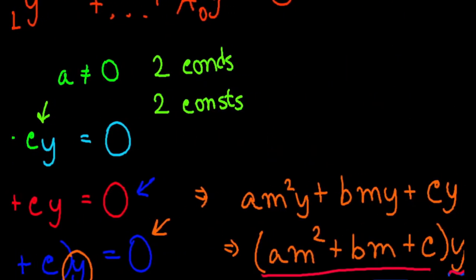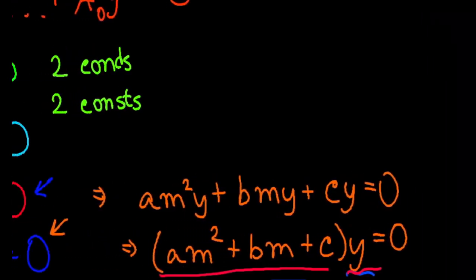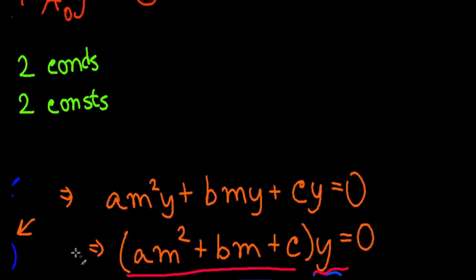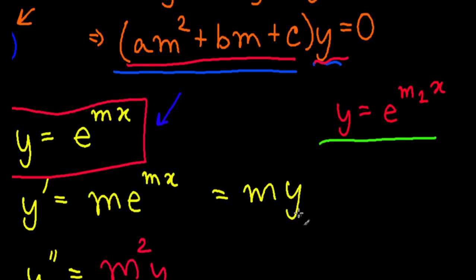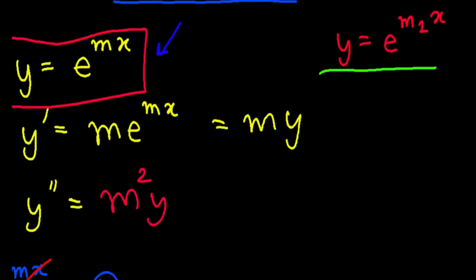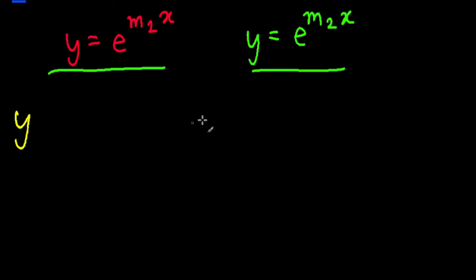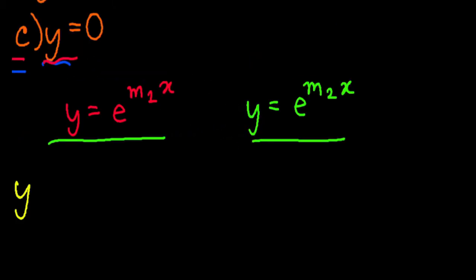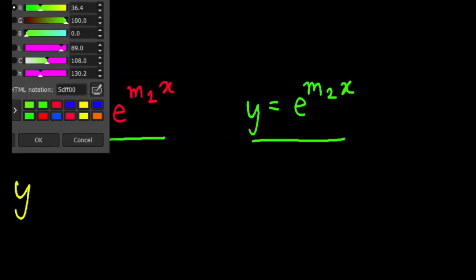So a general solution should have two arbitrary constants, because the order of the differential equation is 2. But we don't see any arbitrary constants right here, so none of those is the general solution.